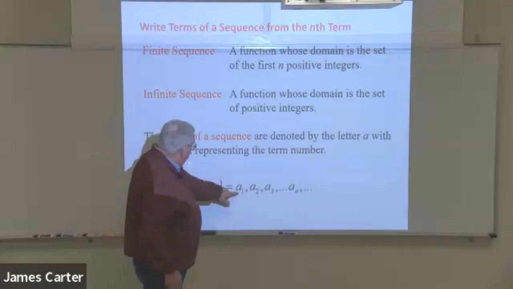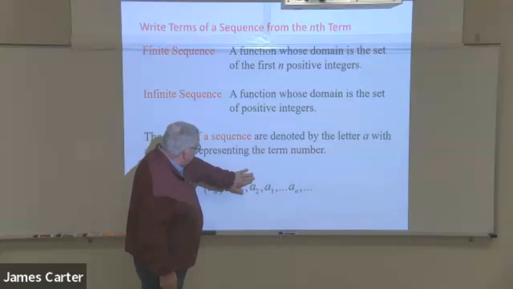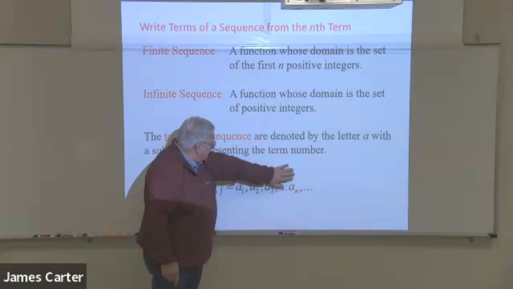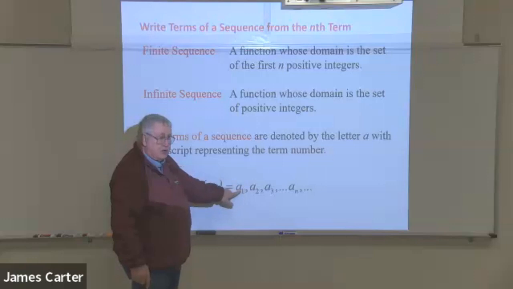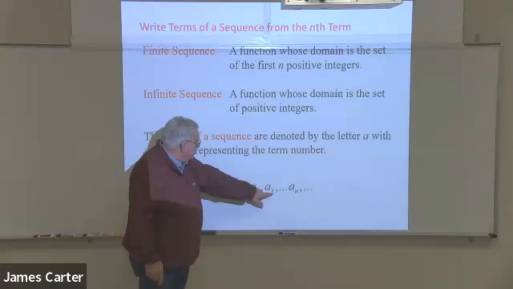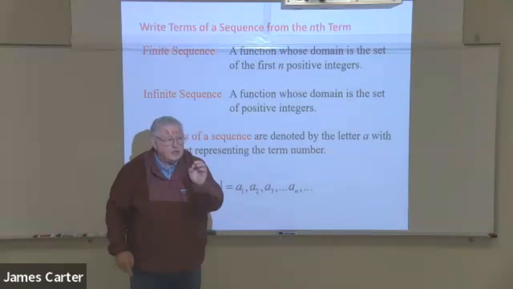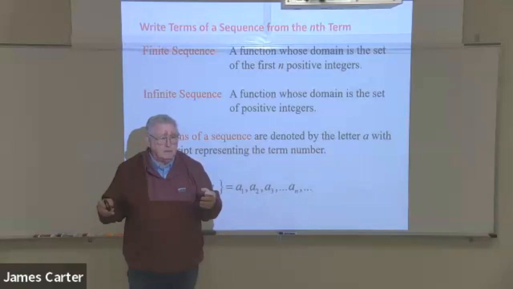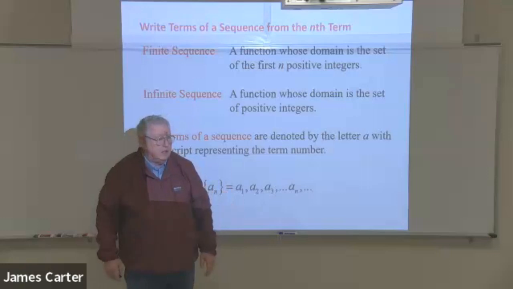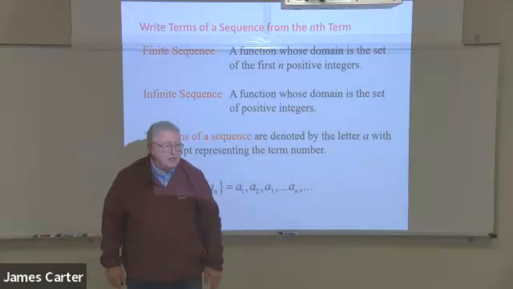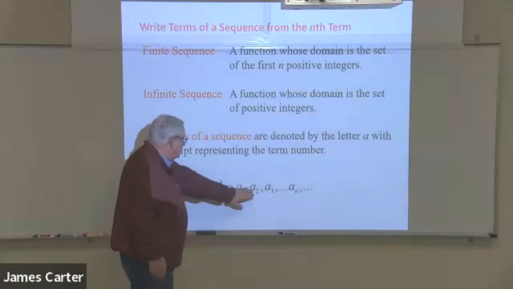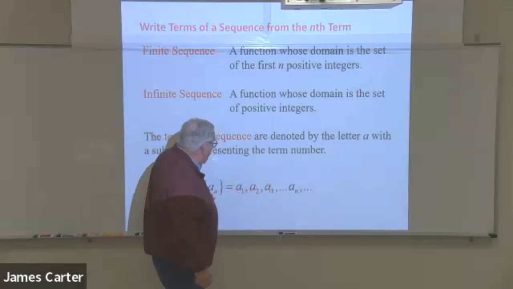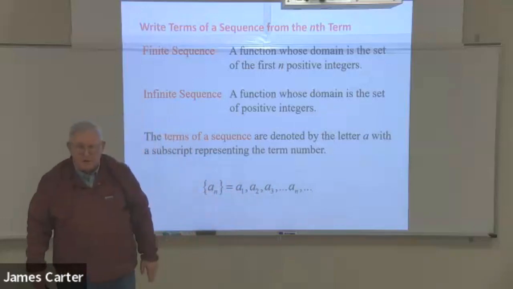But here, when I say this is 3, that's 5, that's 7, 9, 11, 13, then what I'm saying is your first term, these subscripts just denote what term in the sequence, the order place, if you want. Okay, that might be a good way to word it. I just made that up. Okay, the place in the order is what these subscripts mean. And that's the general way that we write sequences.